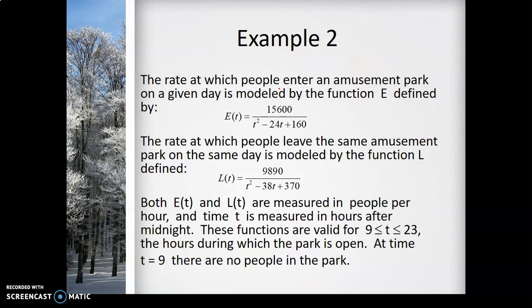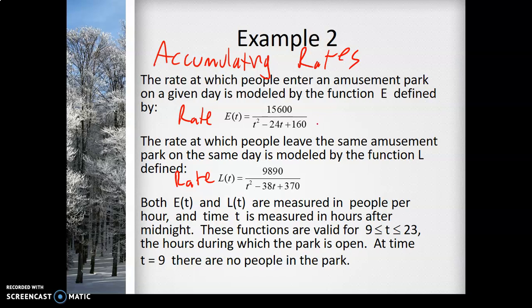All right. The next type of problem is a very common one on the AP exams, and it has to do with accumulating rates. So in this problem, we are given two different rates, and we are asked how many people, so an amount or a number of people, is going to be the integral of a rate.